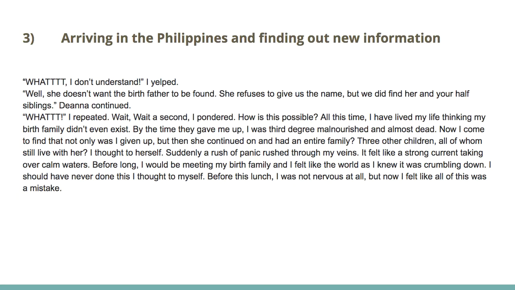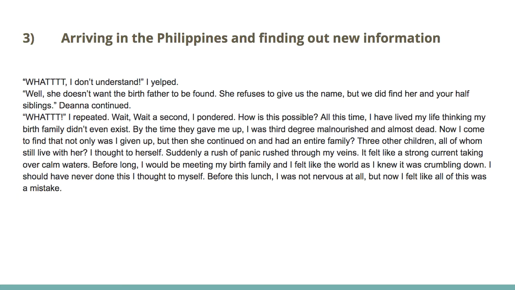What? I don't understand, I yelped. Well, she doesn't want the birth father to be found. She refuses to give us the name. But we did find her, and your half-sibling, Diana, continued. What? I repeated. Wait a second, I pondered. How is this possible? All this time, I've lived my life thinking my birth family didn't even exist. By the time they gave up, I was third-degree malnourished and almost dead.